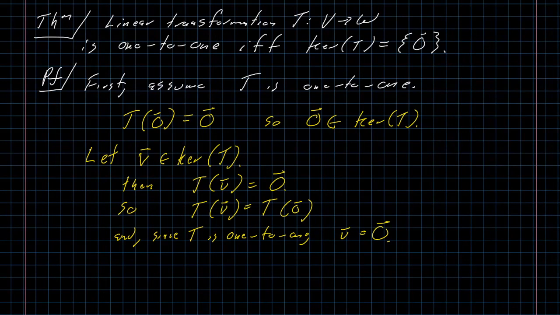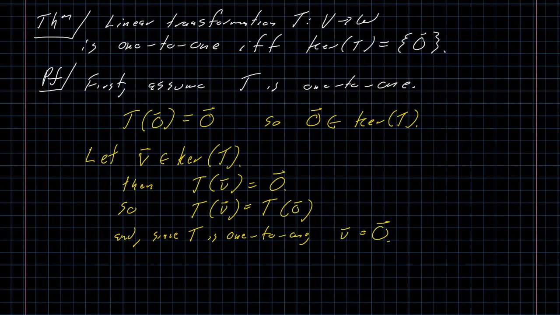Finally, the assumption that I started this proof with was that t is a one-to-one function. And since t is a one-to-one function, then the only way for this to work is if the arguments themselves are equal, which means that v is equal to the zero vector.